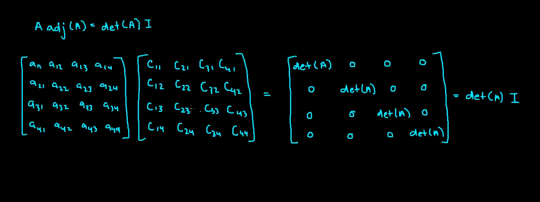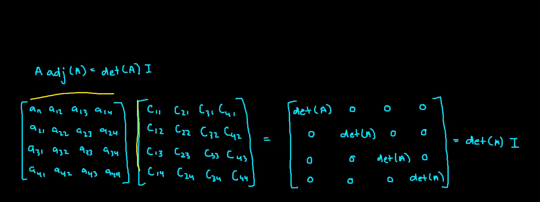So when I multiply A by the adjoint of A, A11, A12, A13, A14 is going to be multiplied by this row. With multiplication, we're multiplying row by column. So A11 C11, A12 C12, A13 C13, A14 C14.